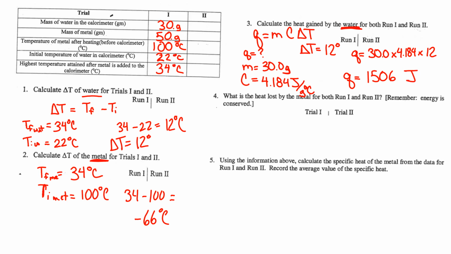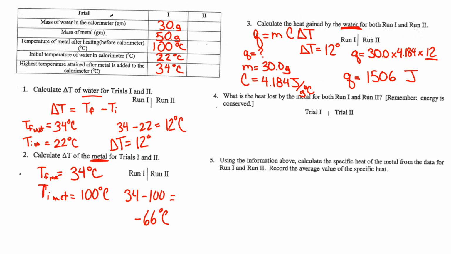Everybody's Q, I mean, people within your group probably should get the same Q, but everybody's Q is going to be a little bit different because this number is different based on your group. Everybody will have the same C. Also, your mass might be a little different based on your group. You may not have measured exactly 30 grams of water in there. Things like that. All right. So for number 4, it says, what is the heat loss by the metal for both run 1 and run 2?